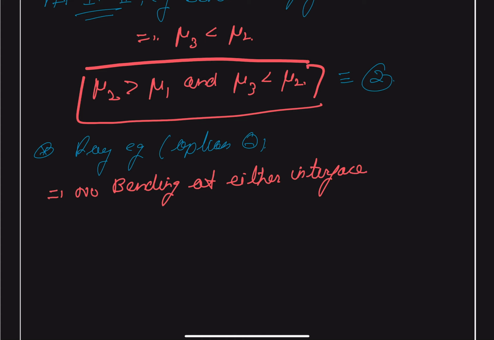And we can also say that the ray continues undeviated. So therefore all the refractive indices are equal: mu1 is equal to mu2 is equal to mu3.